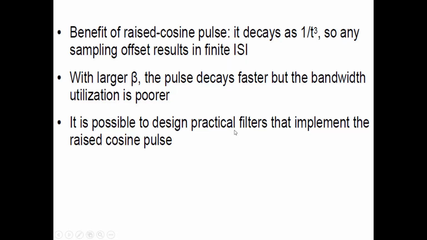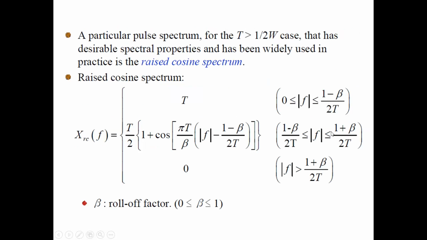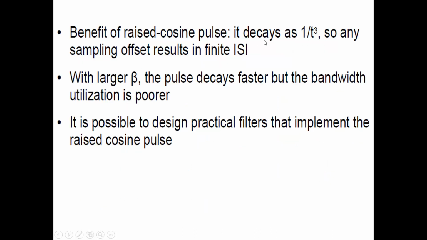All right. Now if you look at the various advantages of the raised cosine pulse, you will see that it decays as 1 by t cube. If you take the time domain version of this formula, you will see that it decays as 1 by t cube. So any sampling offset results in only finite ISI.